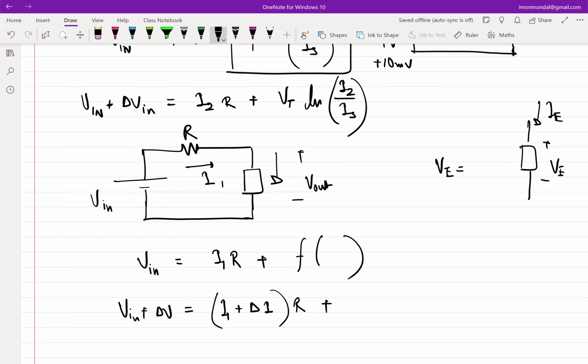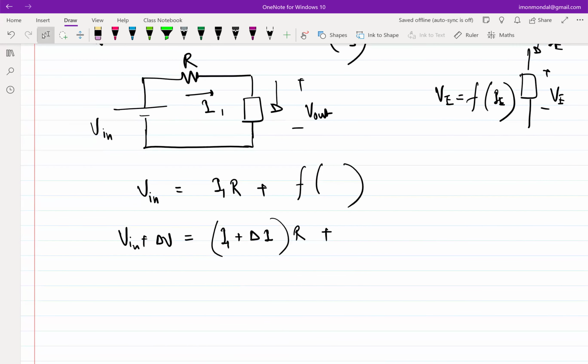Let's say VE is some function f of I. So this becomes f of I1 plus delta I, right? Okay.